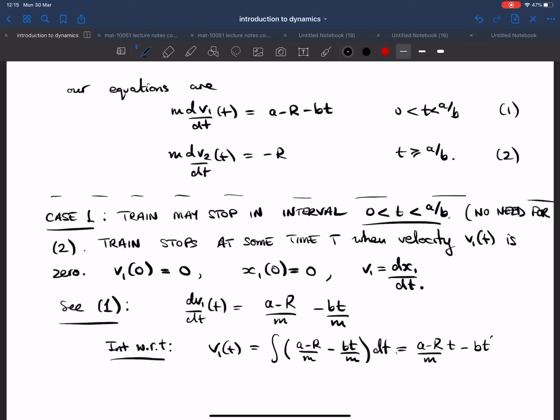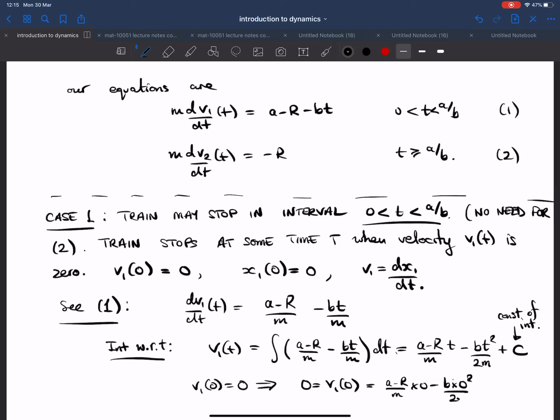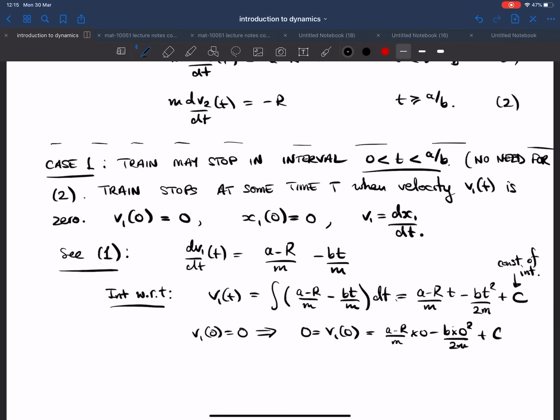Minus bt squared over 2m plus a constant. Let's call it c, an arbitrary constant of integration. We can get this easily because v1 of 0 is 0. So 0 equals v1 of 0, and using our expression, a minus r over m times 0 minus b times 0 squared over 2m plus c equals 0.